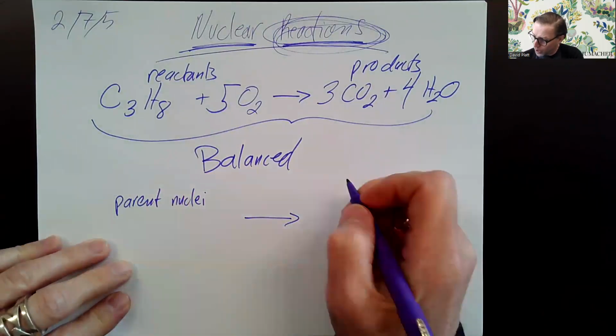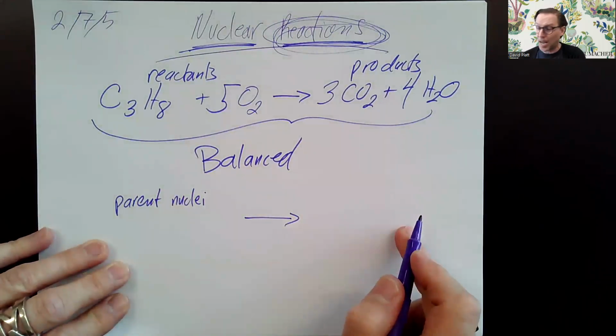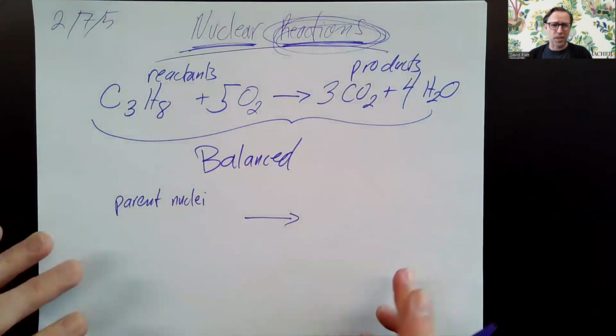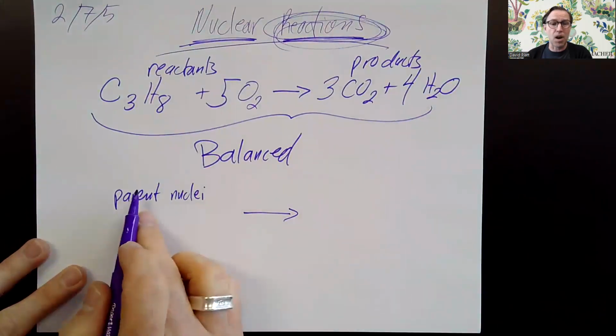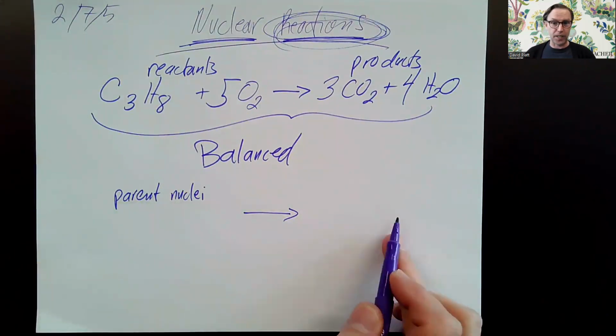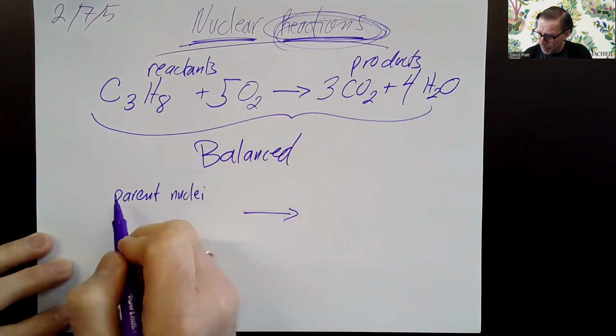I don't know why we don't call them parent and child nuclei. I have heard them called daughter nuclei, but that's very gender specific, and I don't want to go there right now.